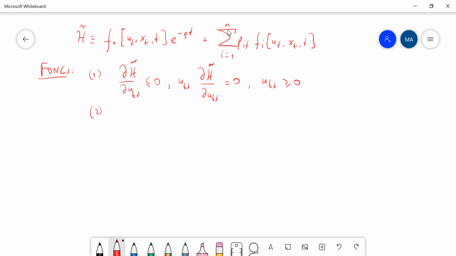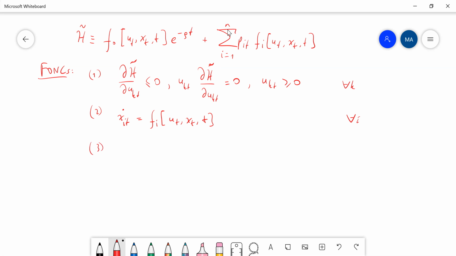Then we have the constraints themselves. So for x_i dot, this must be equal to f_i(u, x, t). This is for all i. This is for all k.